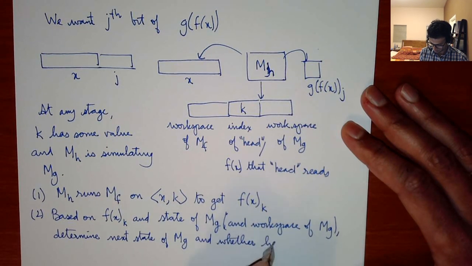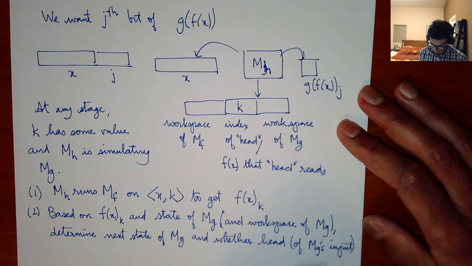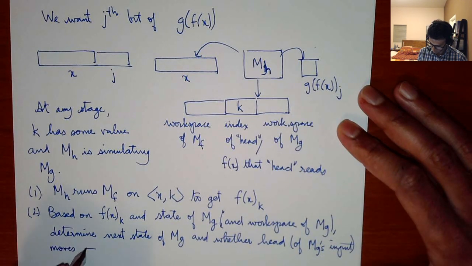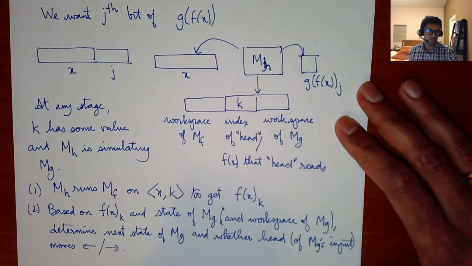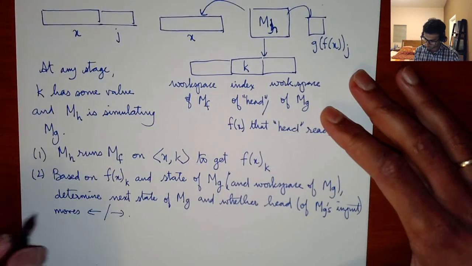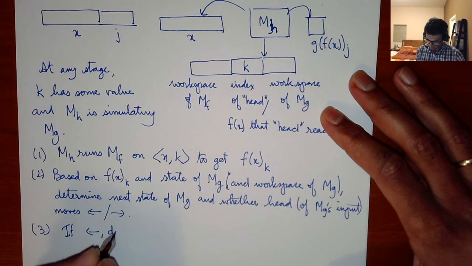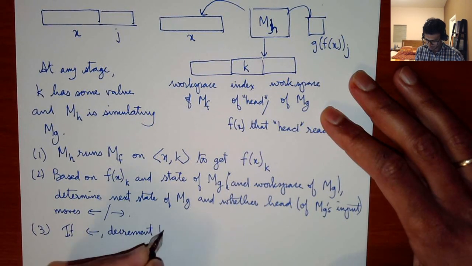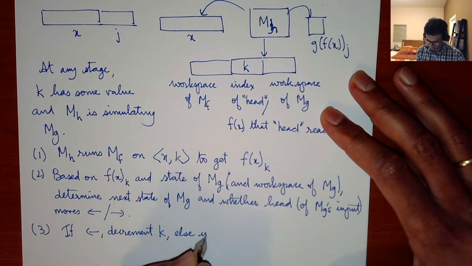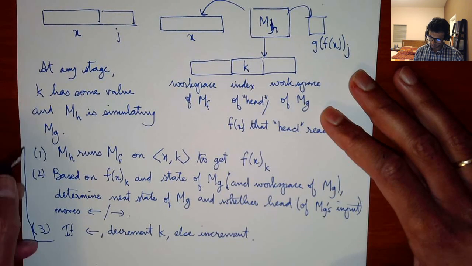and whether the head of mg's input moves left or right. So remember, for mg we're not really writing down the input. We're sort of implicitly computing it as and when needed. And then, if it's a left, decrement k, else increment. Okay, and then you go back here.